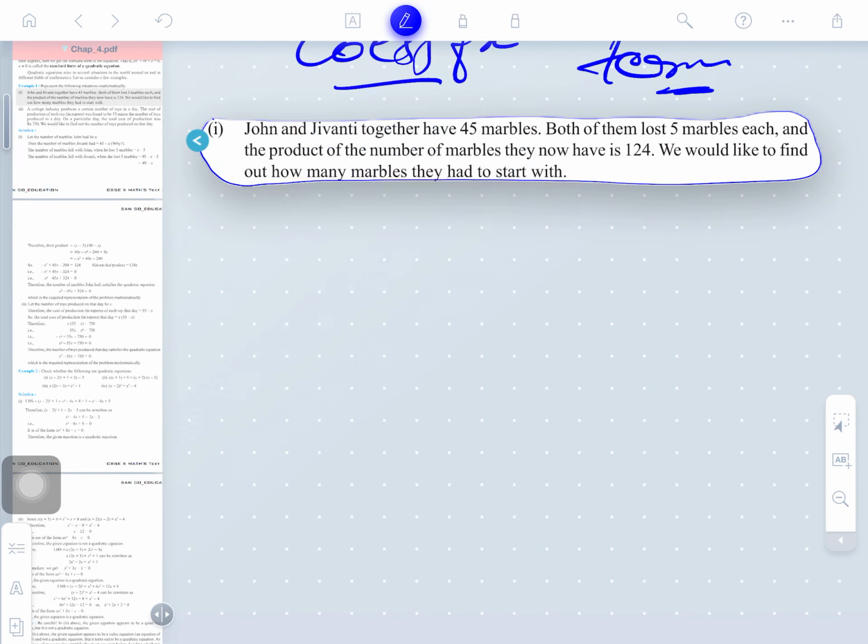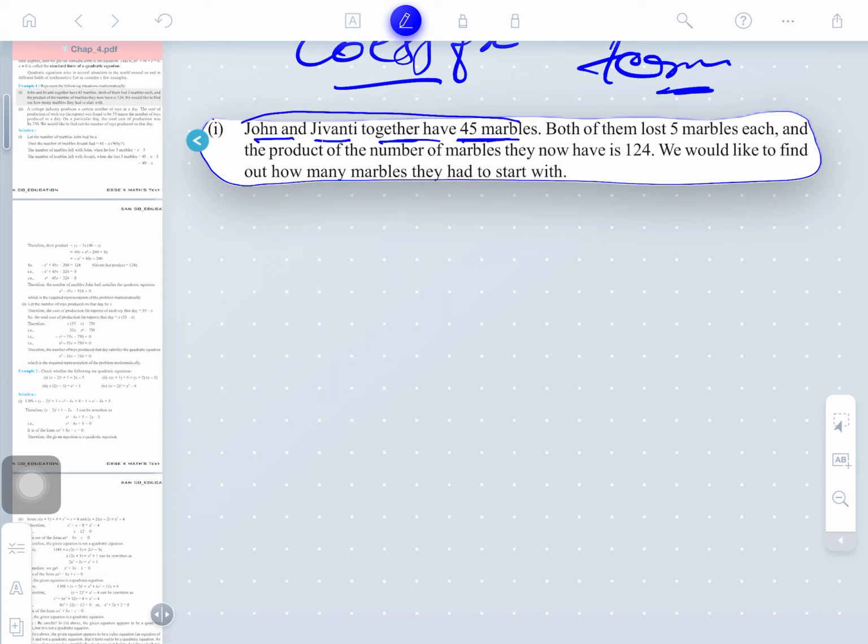Now please look. John and Jivanti together have 45 marbles, right? And listen, guys, the easiness of the question and the very simple terms used do not matter. What matters here is the conversion of the word problem into an algebraic expression, and what typical expression will result. John and Jivanti together have 45 marbles.